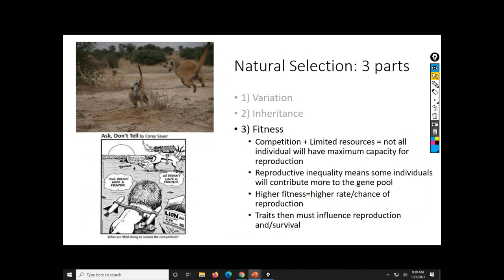So this is a lot of bullet points that just says there's a lot of different ways in which the trait, the thing we see, has to confer some sort of benefit to our population. And there's a lot of different ways this can be. So fitness is what we mean when we say that, making you more fit.